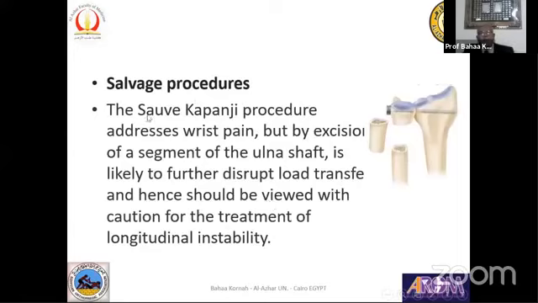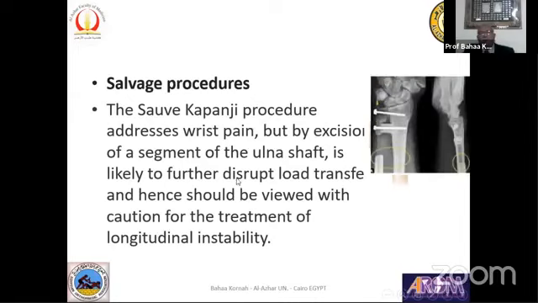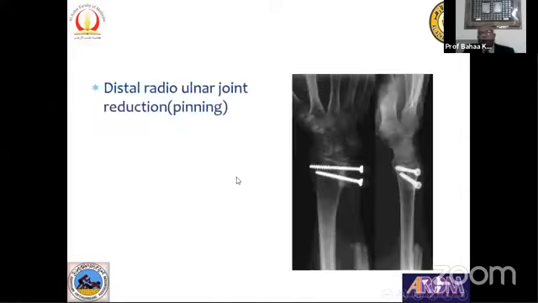Salvage procedure, Kapandji procedure, and we mentioned excision of one centimeter from the distal end of the ulna and the fusion between the radius and the ulna. This is an example, and this is an X-ray of a case. The distal radio-ulnar joint reduction and pinning.